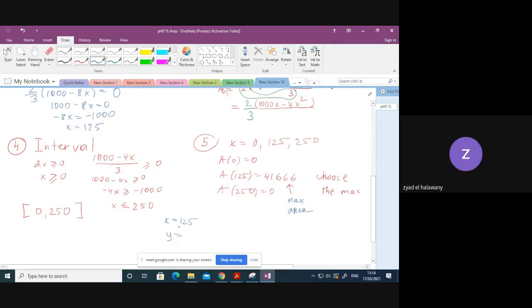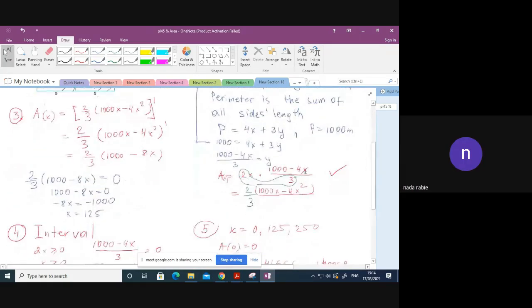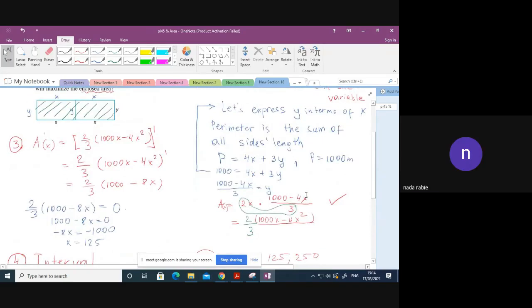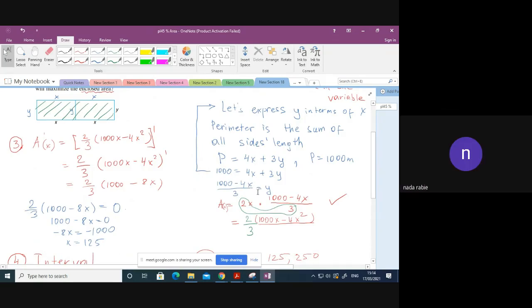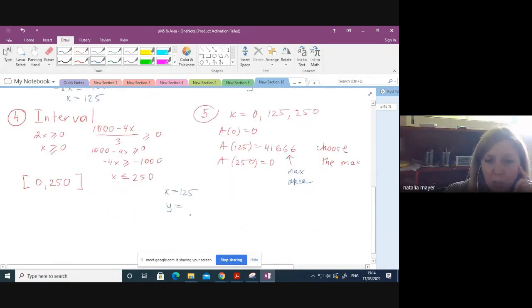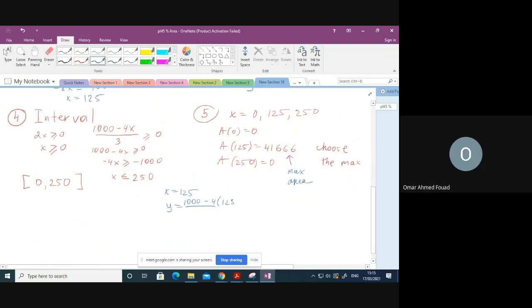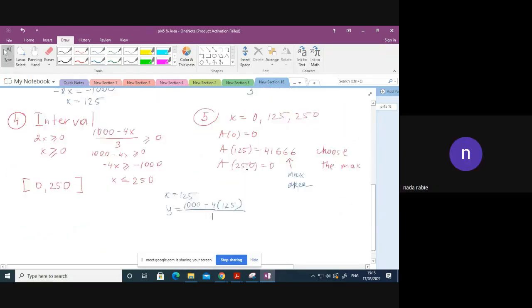Didn't we say that this is y, guys? We said that this is y. So we can just sub x into this expression. So it's going to be 1,000 minus what? 4 times 125 over 3. Yes, over 3.